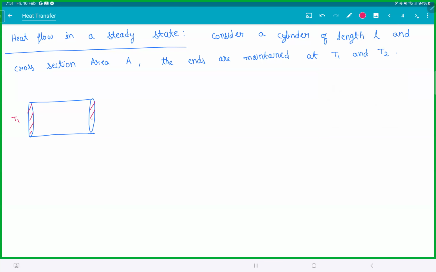Let's say this is T1, this is T2. Let's say T1 is greater than T2 and the heat flows from here.